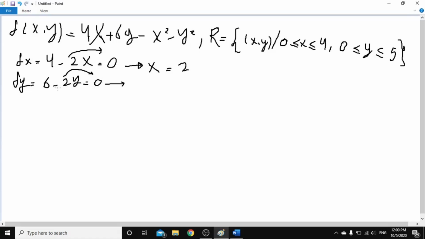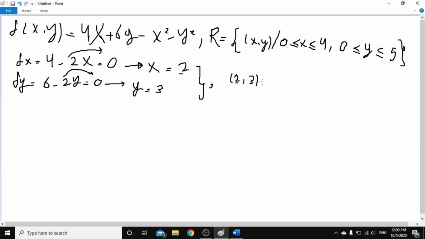If we divide 6 by 2, the y value is going to be equal to 3. So from these two, we have a point (2, 3), 2 for the x and 3 for the y.